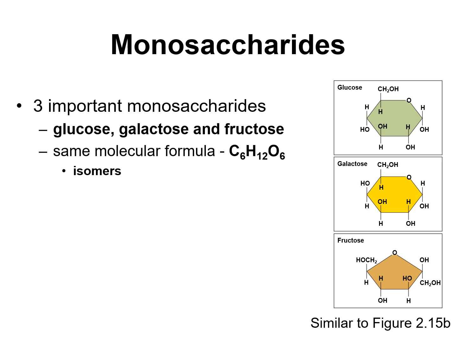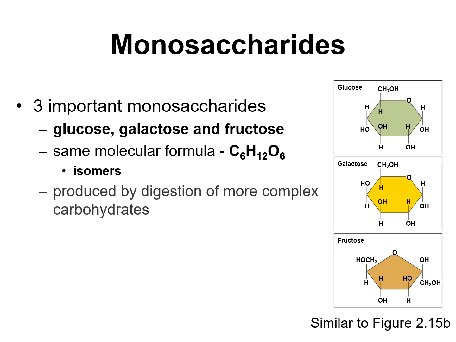Where they differ is how these various atoms are put together, or their structural formulas are different. Molecules that have the same molecular formula but different structural formula are called isomers. So glucose, galactose, and fructose are isomers of the same formula.